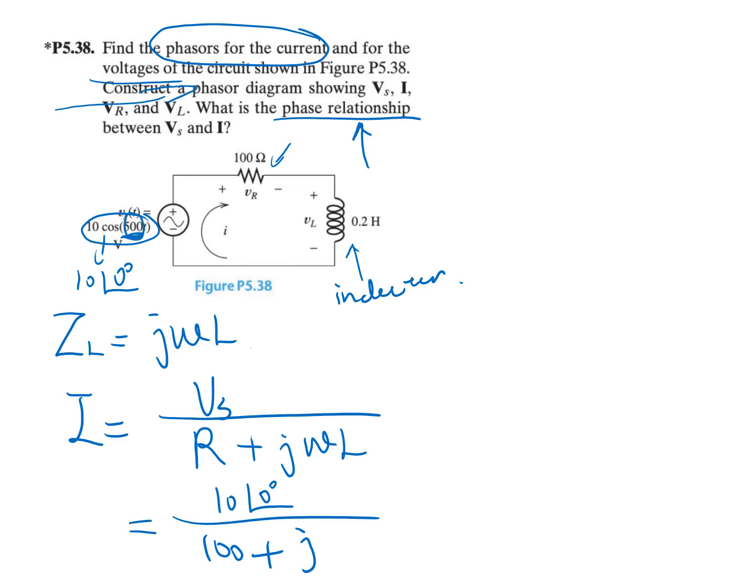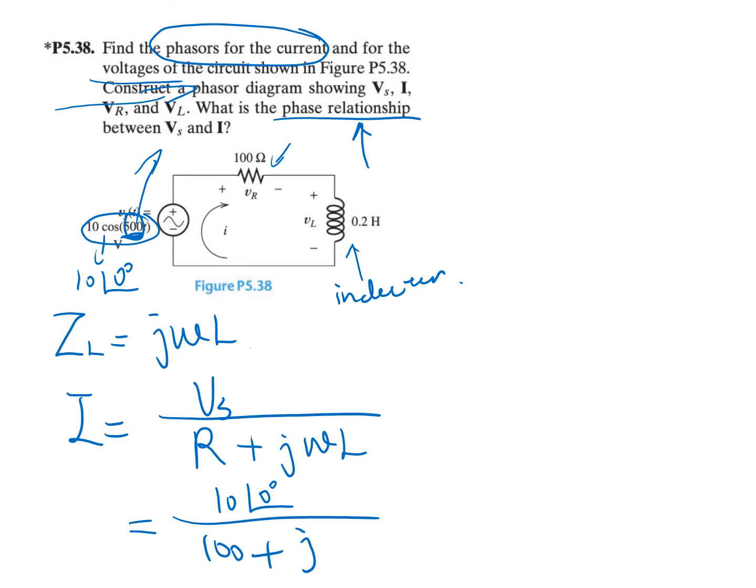Sometimes the question may not directly tell us the omega value, but for one circuit we can only have one omega value. So we can find it from the expressions for the elements.